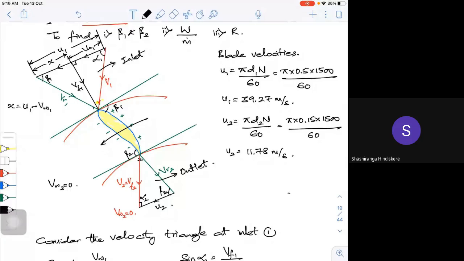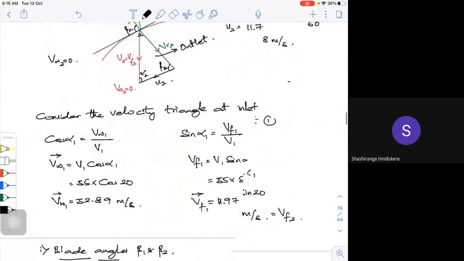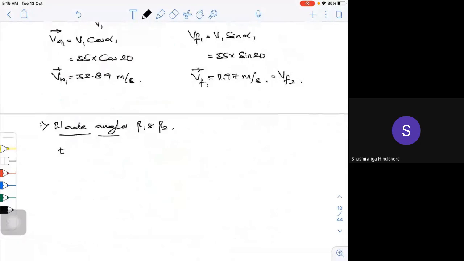So tan beta 1 is equal to Vf1 divided by x, which is equal to Vf1 divided by u1 minus vw1.